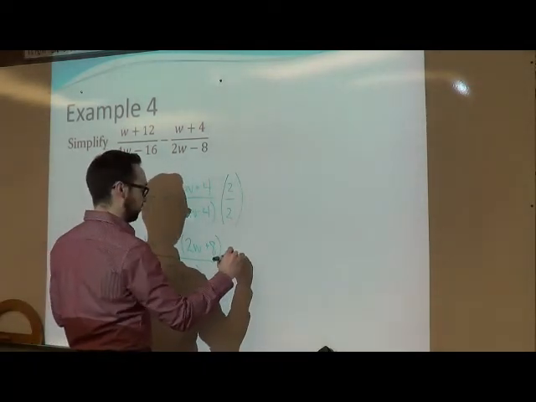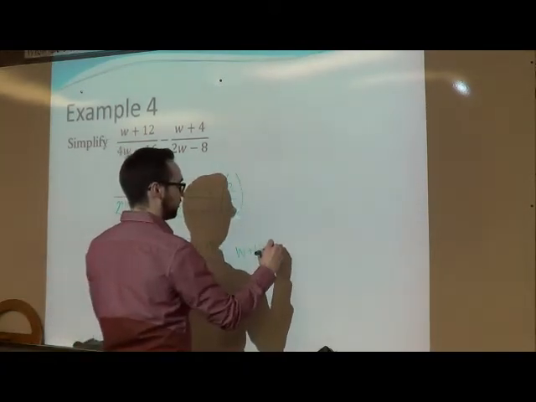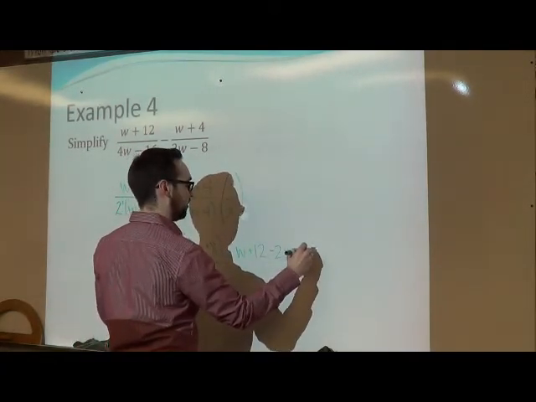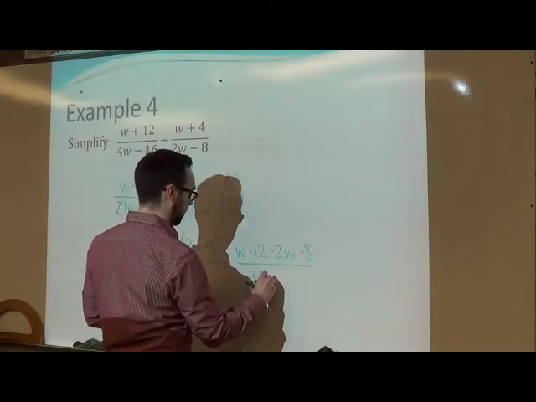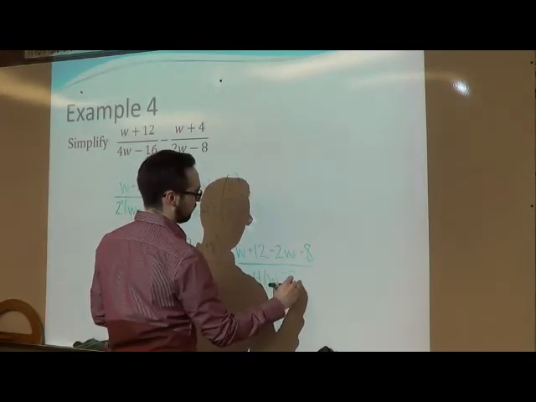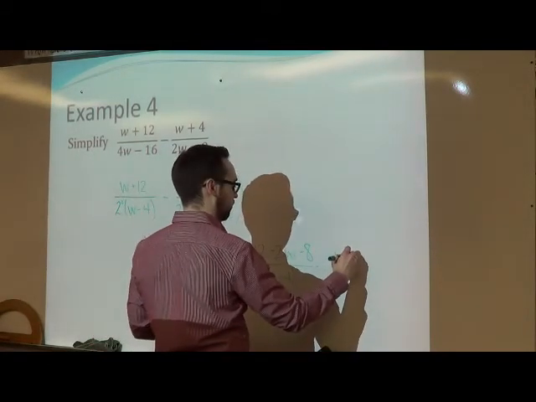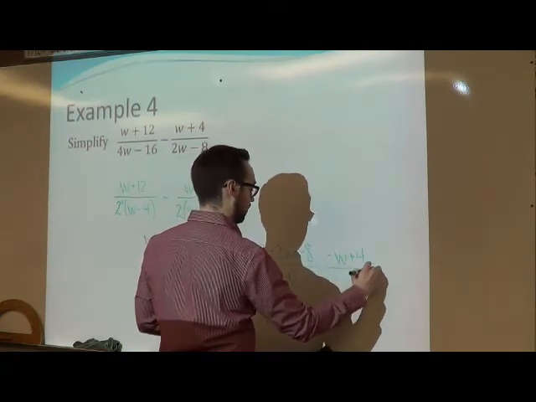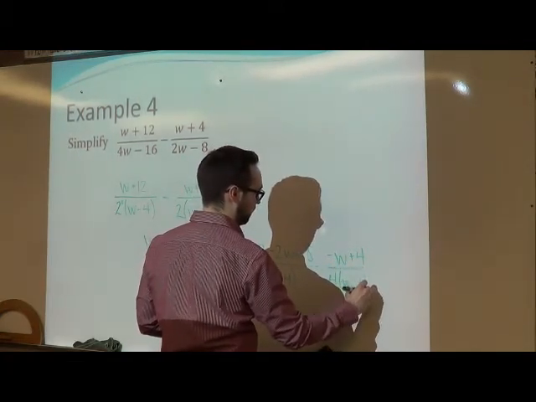So here we have w plus 12 minus 2w minus 8 all over 4 times w minus 4, which is going to reduce to negative w plus 4 all over 4 times w minus 4.